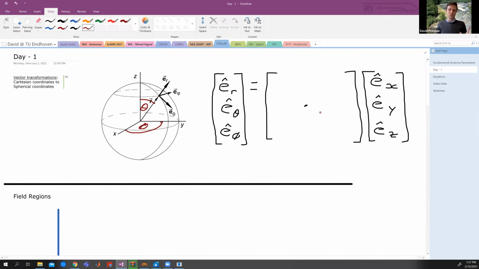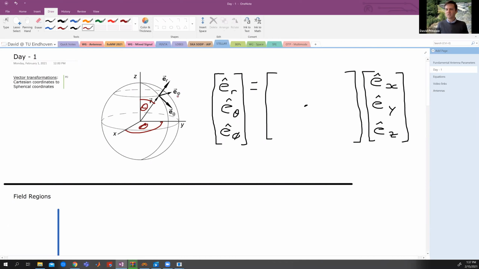I think most of you will be familiar with this type of transformation, so I'm not going to write the transformation here. If you want to look into it, you can Google it. It's not really necessary for this coursework. The most important thing is to be aware of how we define theta and phi, these field components, and their directions.